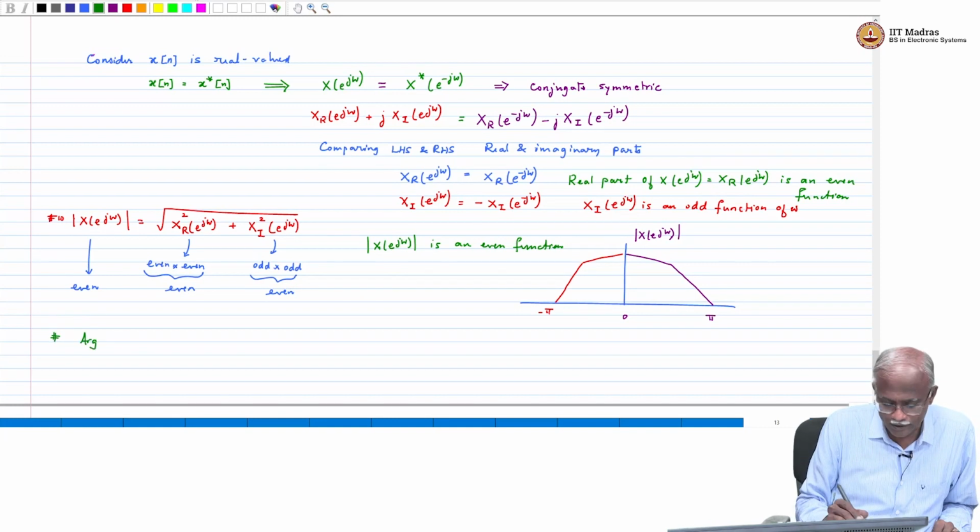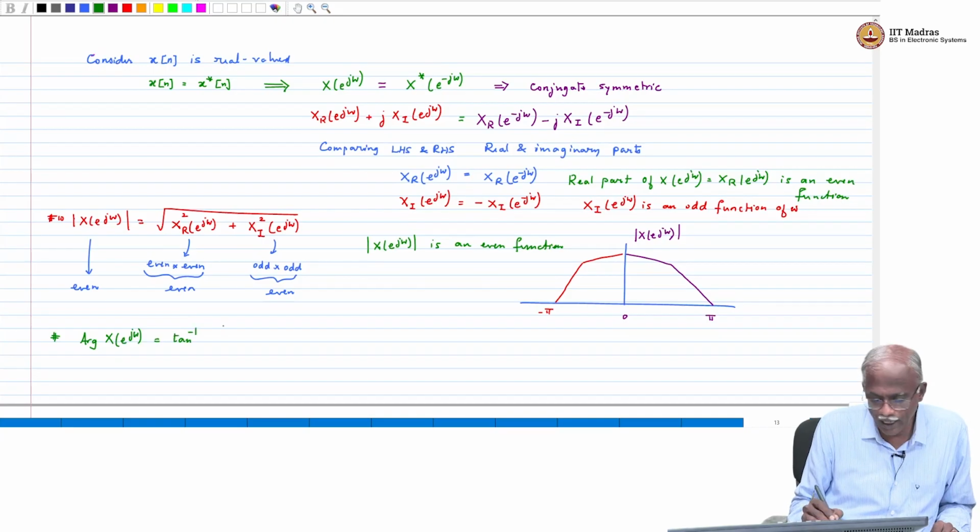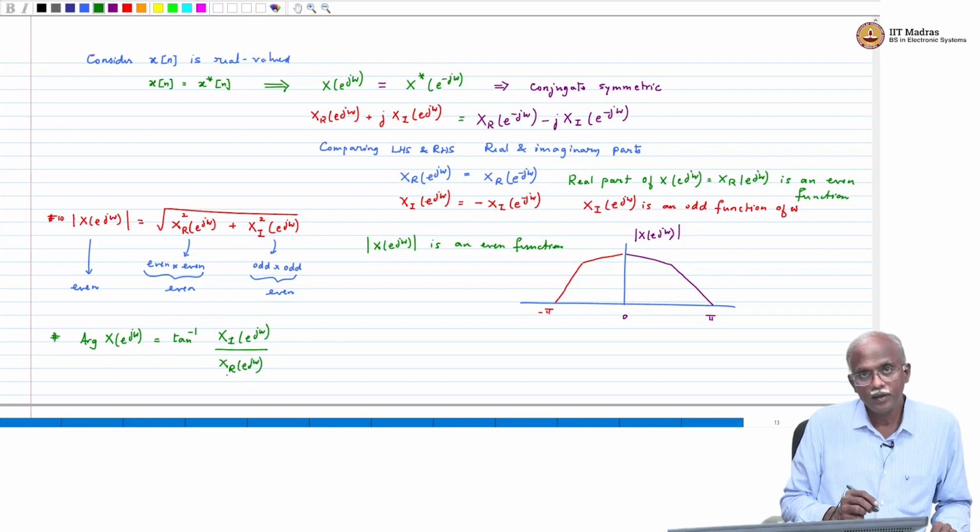The phase or the argument of X(e^{jω}), we said that this is equal to the inverse tangent or arctangent of the imaginary part X_I(e^{jω}) divided by X_R(e^{jω}).